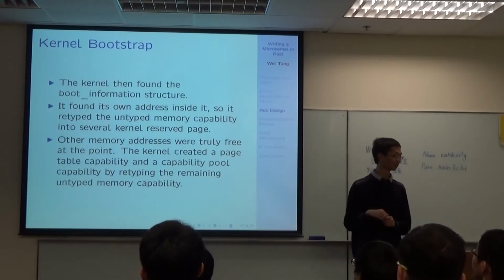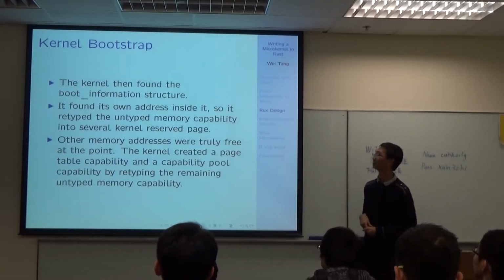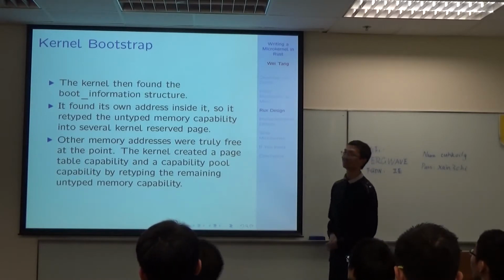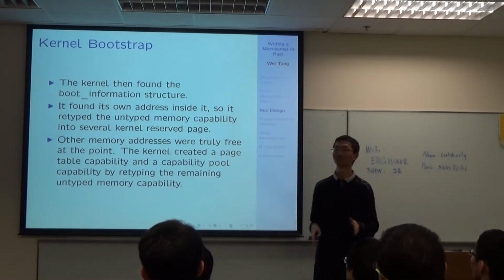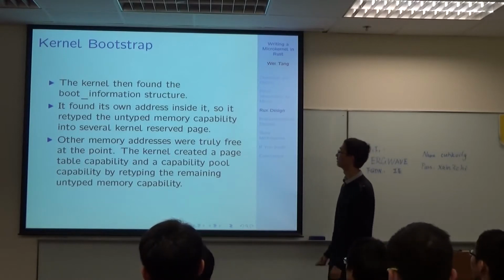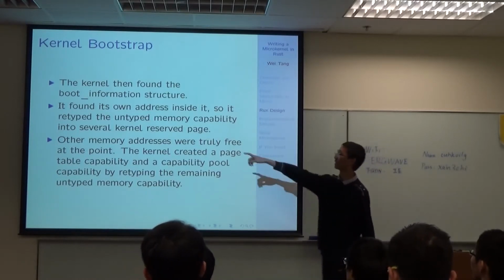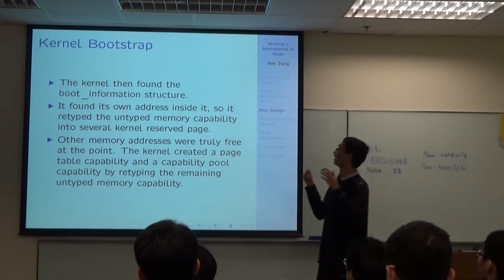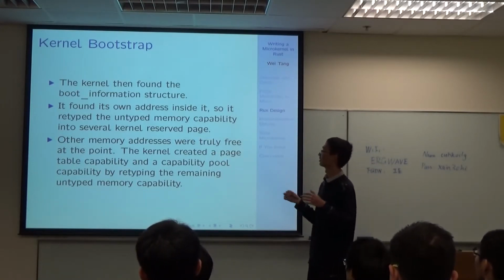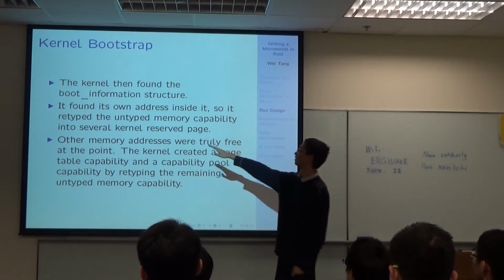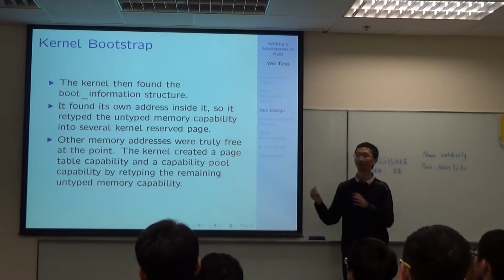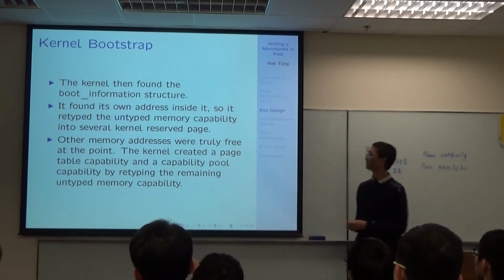Then the kernel finds the boot information structure and all the addresses of the boot information and the kernel itself, and it retypes this big untyped memory into some small reserved kernel pages for the boot information and kernel itself, and I also get other untyped memory.